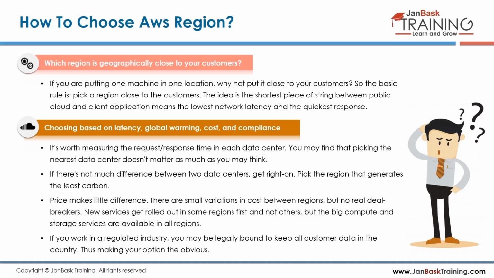We will spin up our infrastructure in one of the AWS regions located on US soil, and you're good to go. So the main decision is where you can serve your clients better, really quickly. And the second decision is where you can get the compliance and everything. Okay, so choosing based on latency, global warming, cost, and compliance. Now let's go to the cost.